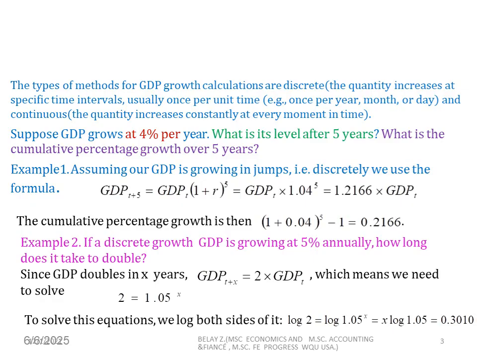That is GDP at time t times 1.04 to the power of 5, which is equal to 1.2166 times GDP at time t.